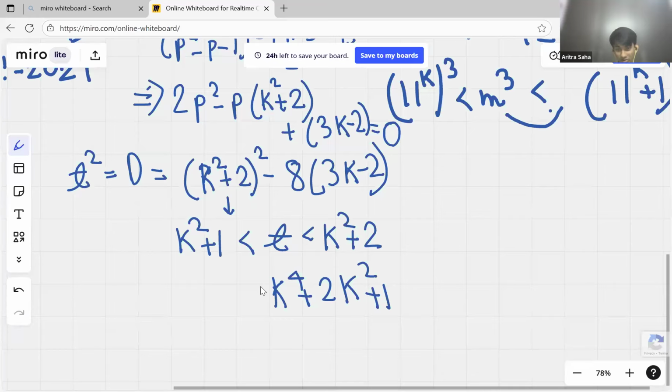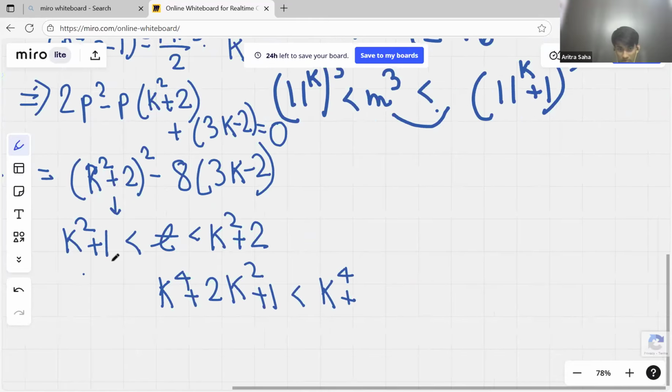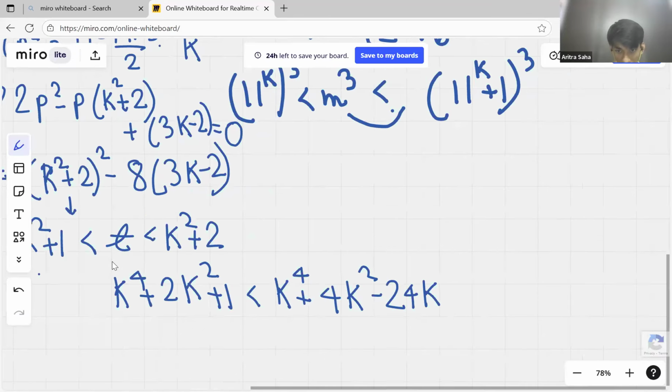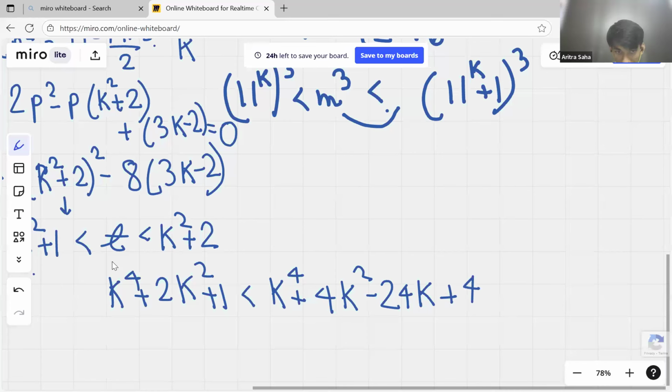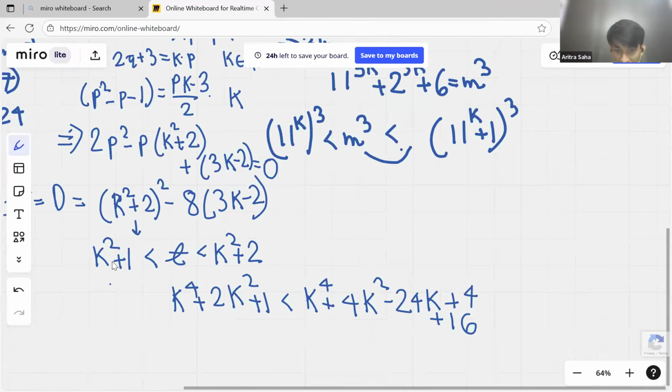And you want this thing to be bigger: k to the power 4 plus 4k squared plus 4, and then minus that thing. 4k squared minus 24k plus 4 plus 4, minus, not plus, 60, if I'm doing the calculations correctly.